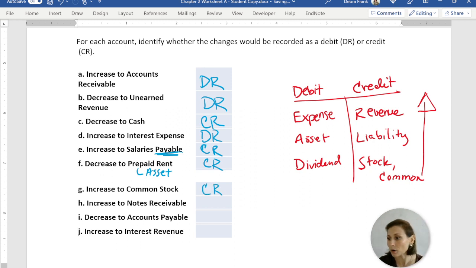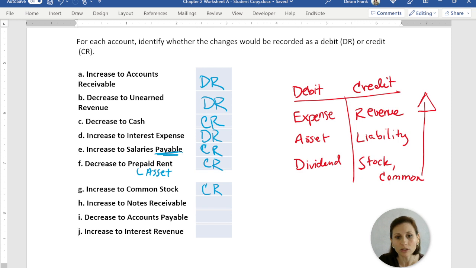Ooh, we only got two more. Maybe as I was talking, you already got ahead and you got the hang of this, but we'll finish all three of them. Increase in notes receivable. So just like accounts receivable, now it's a longer term. Accounts receivable is probably going to receive the cash in 30 or 60 days. In this case, the business is probably out a year or more of receiving that payment, but they're probably receiving some interest attached to it.